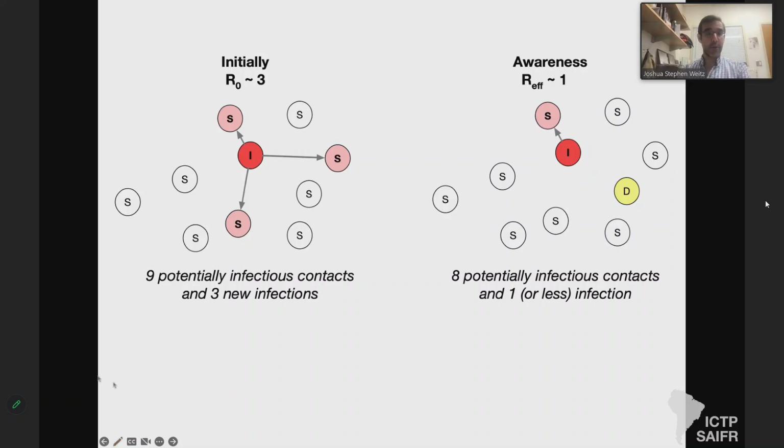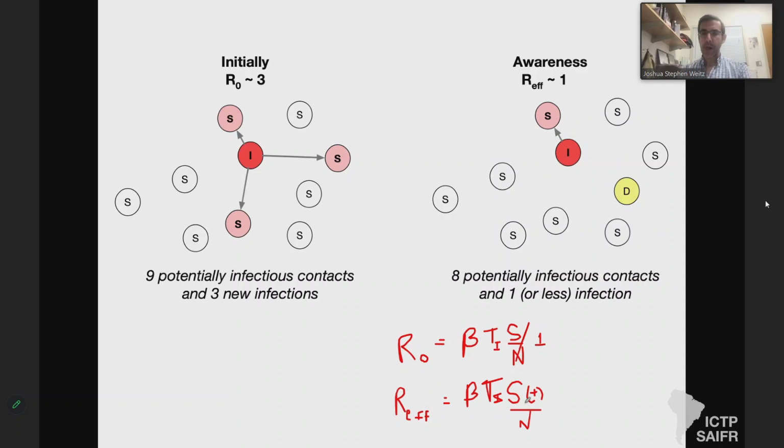So if I were to go back, and I will show you more in a second, if you recall that R naught was the product of beta Ti S over N, where we assume S over N is about 1, and that R effective, the same thing, is beta Ti S of t over N. This we think of as just equal to 1, but this can be less than 1.